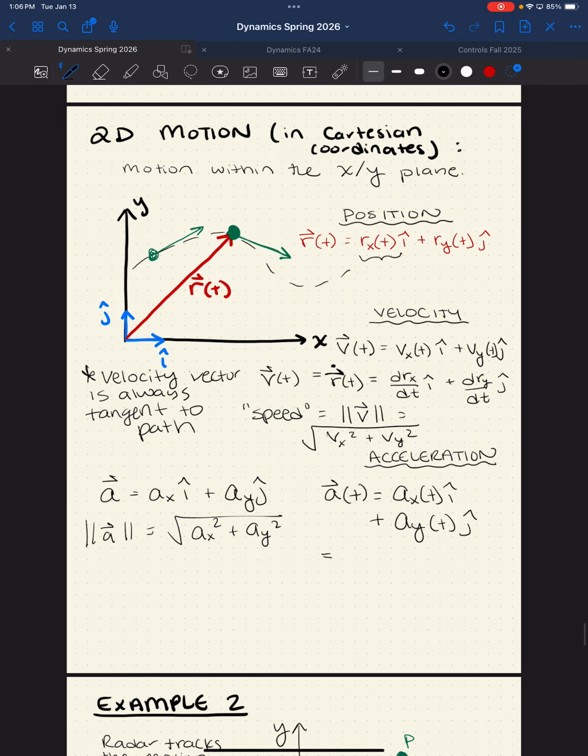Another way to write this: time derivative of the x velocity, i hat, plus time derivative of the y velocity, j hat. Another way to write this: second derivative of the x position, d t squared, i hat, plus second derivative of the y position, d t squared, j hat. All different ways of writing the same thing.